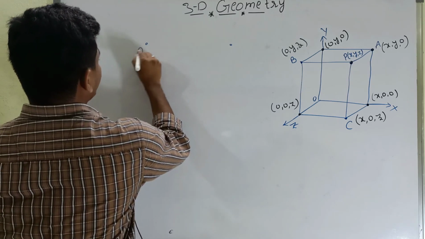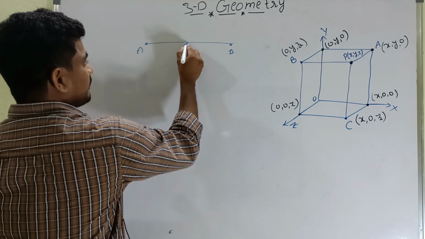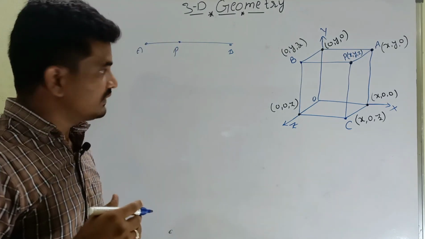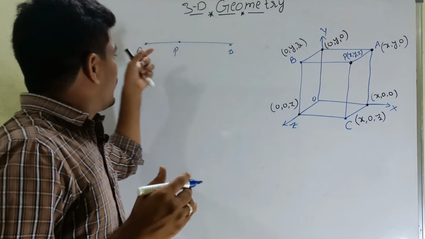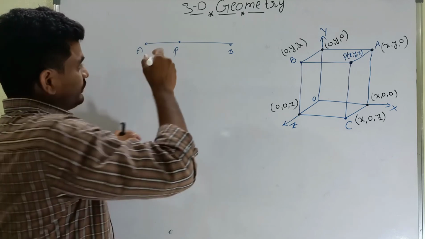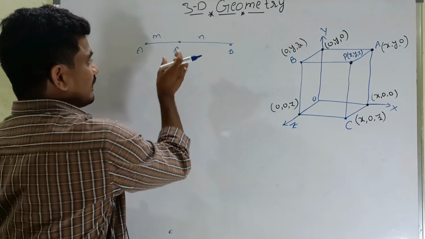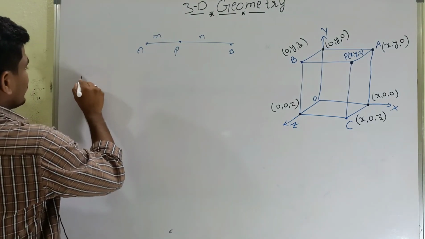If there are 2 points A and B, and in between these 2 points I am taking a point P, this point P divides in what ratio? That is m is to n ratio. Then what is the point P?